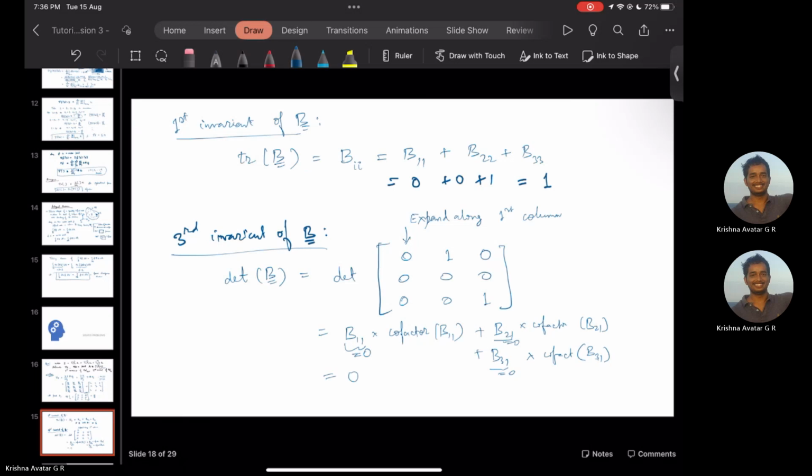If you expanded along the first row, you would have 0, 1, 0, so you would have to determine the cofactor for 1, because it will be 1 multiplied by its corresponding cofactor. So we have chosen such an axis that all the terms are 0. So the determinant of the tensor B is 0.